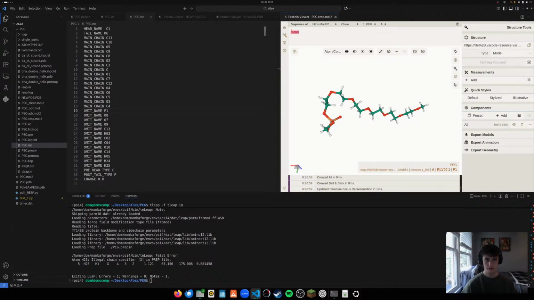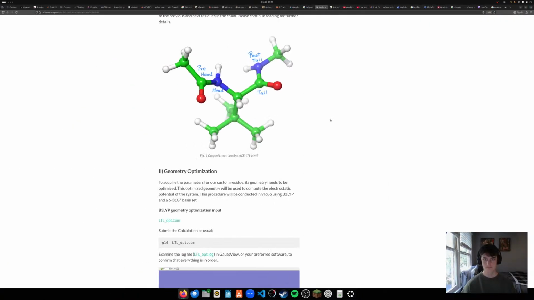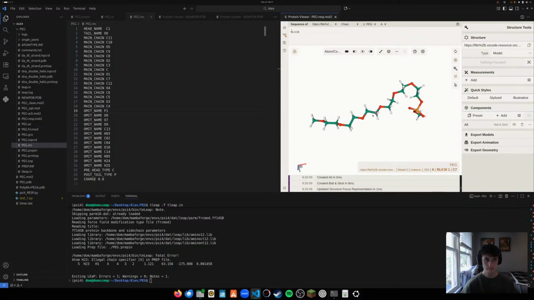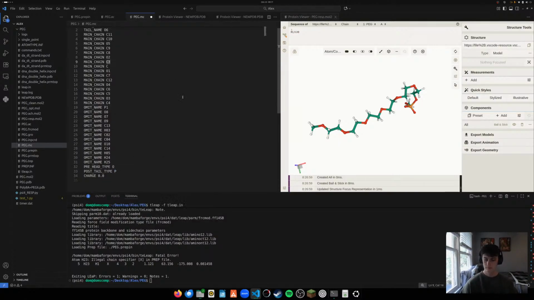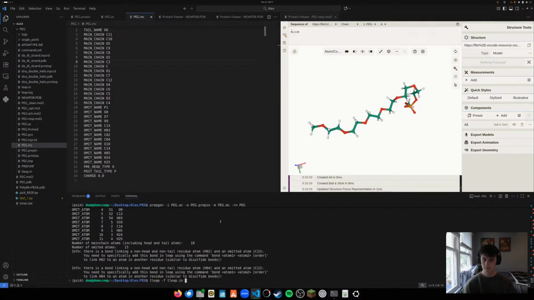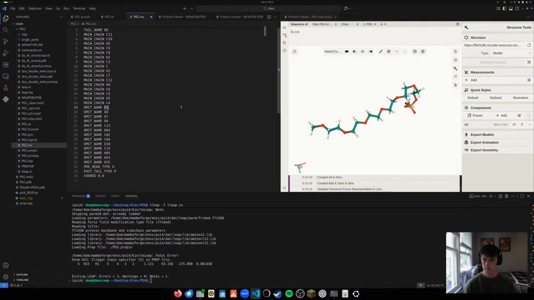Tail, post tail. Head, pre-head. Is that what it was? All right.